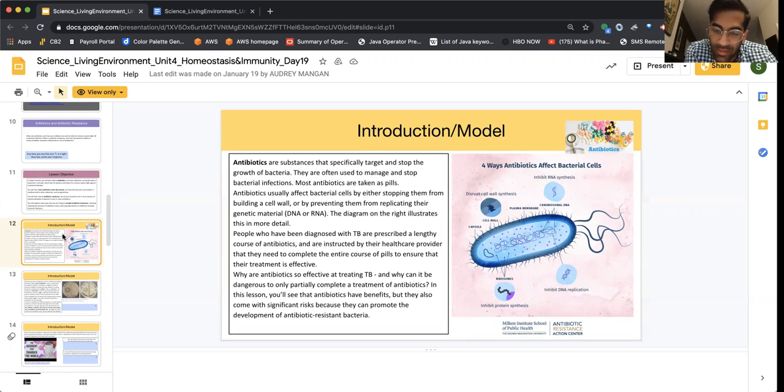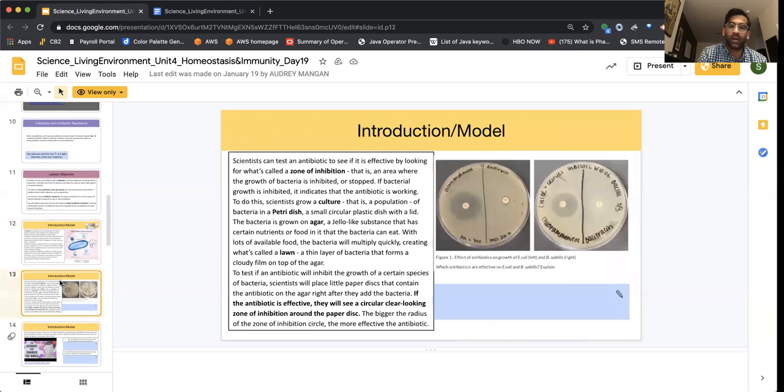A bacterial cell, generally speaking, will have a cell wall, but it won't really have organelles besides its ribosomes. And so antibiotics work to disrupt the creation of a cell wall or disrupt this process of replicating the DNA. And so it'll inhibit protein synthesis or the replication itself.